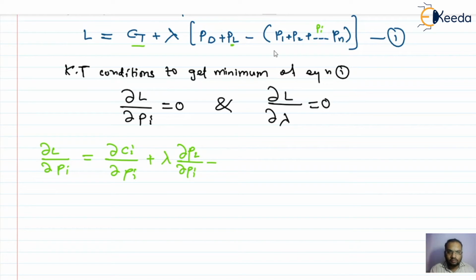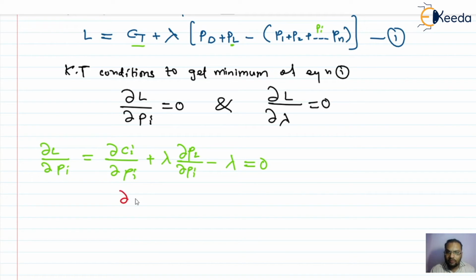Then we are going to directly differentiate that variable, and the differentiation of that variable with respect to itself will be 1. So we'll get directly lambda here, and it should be equal to 0. Just rewrite these terms.